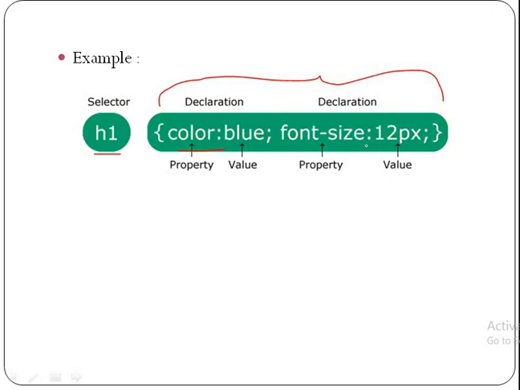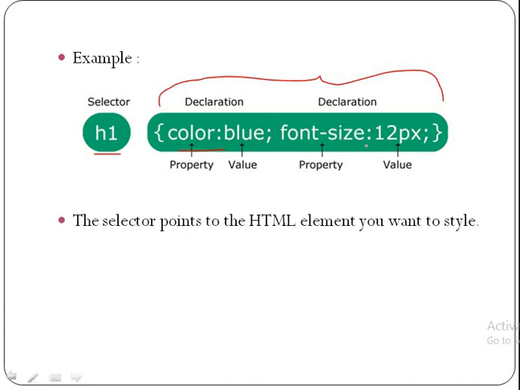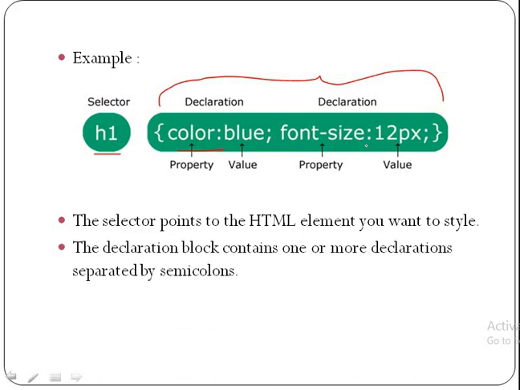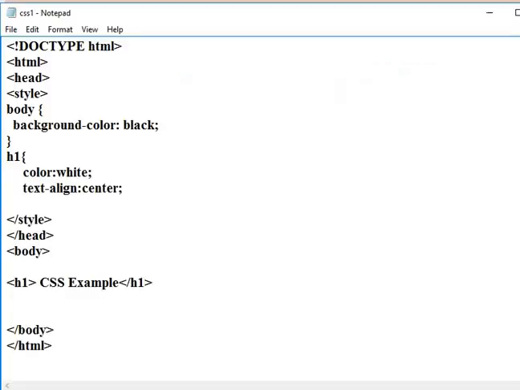This is how you can define CSS. The selector points to the HTML element you want to style, and the declaration block contains one or more declarations separated by semicolons.